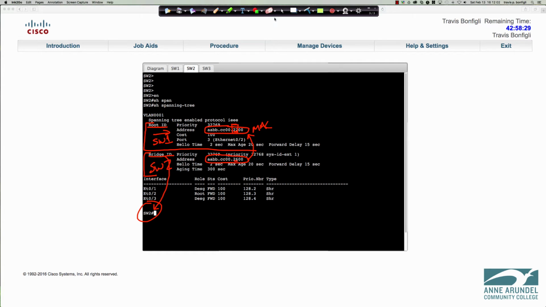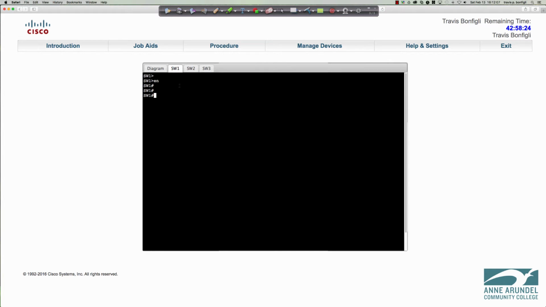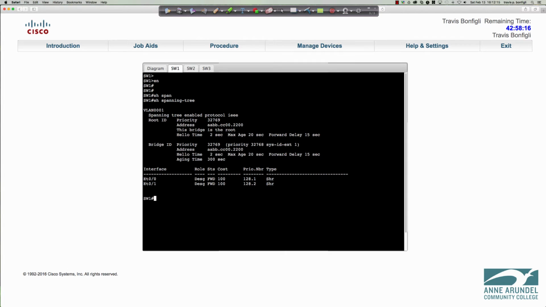So again, let's go ahead and clear the screen and scoot back to the cursor, and let's go to switch 1, and we'll say show span. Now before I hit enter here, the nice thing is if you enter that command, show spanning tree, on the root bridge, it is going to tell you that you are on the root bridge.